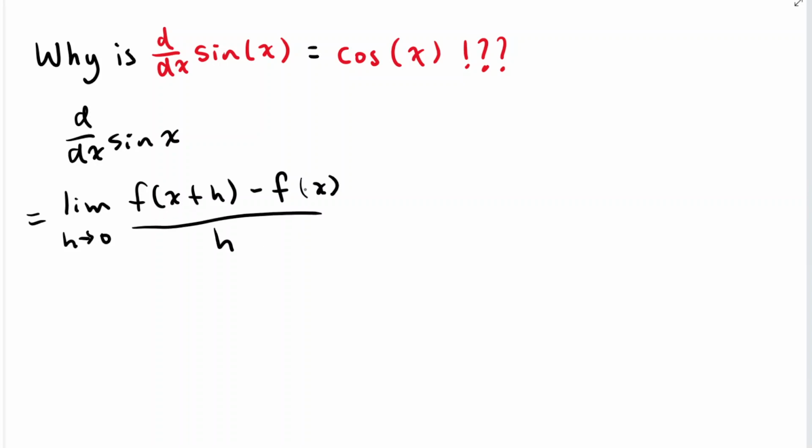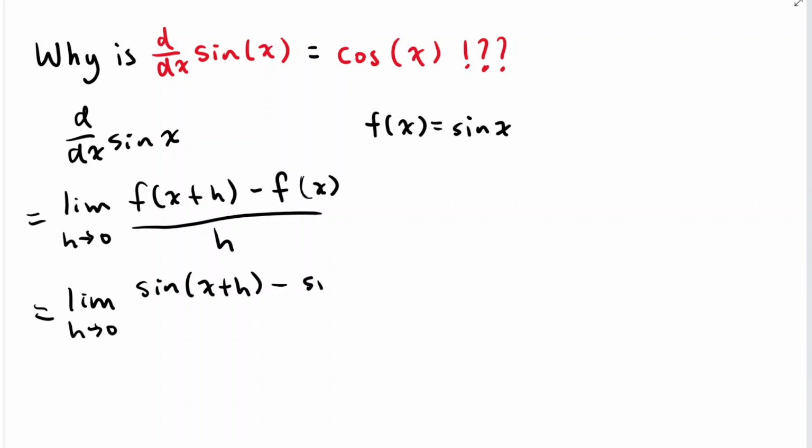So you guys should notice that is the definition. So we know f of x is equal to sine x, because that is the function we defined it to be right here. So we'll just sub in sine of x plus h minus sine x, over h.